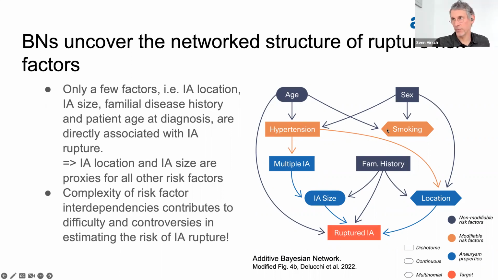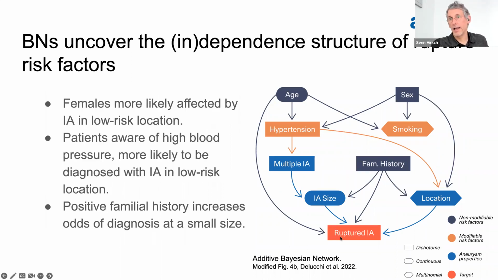And also we see that some factors, for example smoking, are not directly linked, but smoking would be indirectly linked here via age, for example, or via sex. Would be indirectly linked to rupture, but not directly linked. And in the end, with this dependency structure, we were able to reproduce all of the expected knowledge that the clinicians have, that I told you about previously with these mosaic plots, where you iterate through all of these individual combinations.